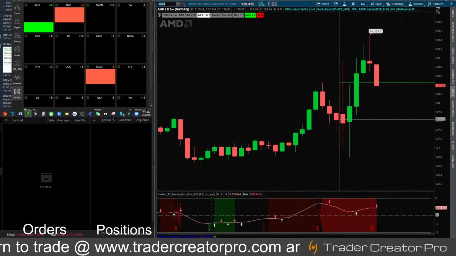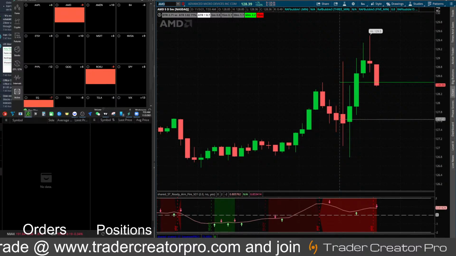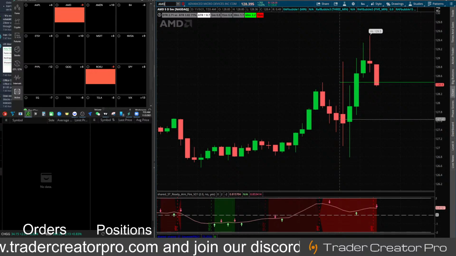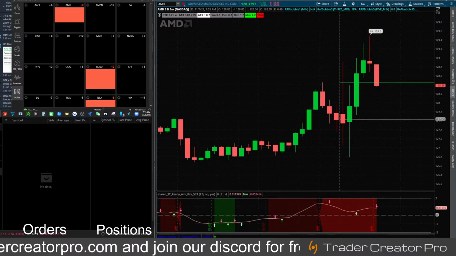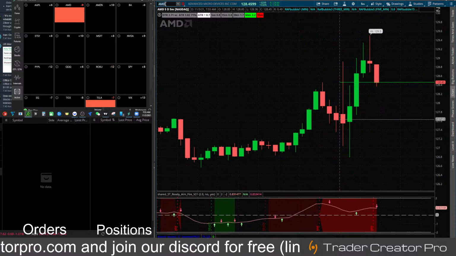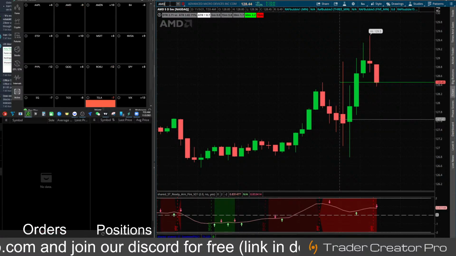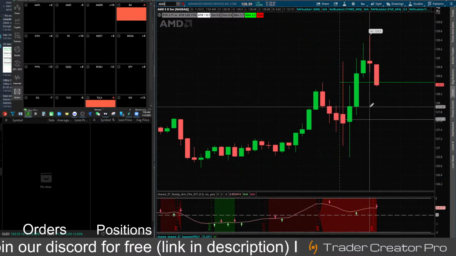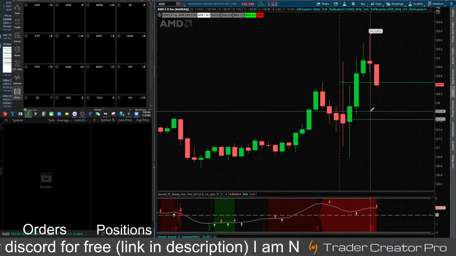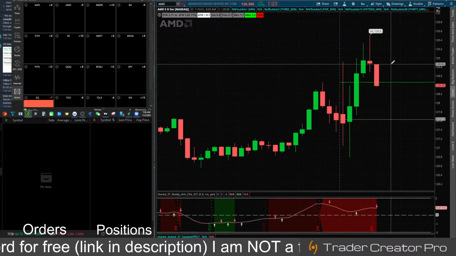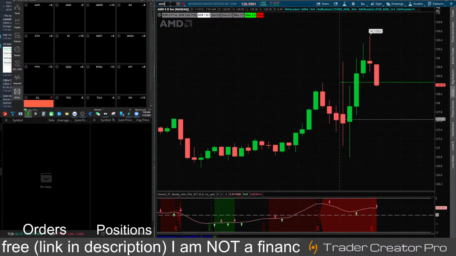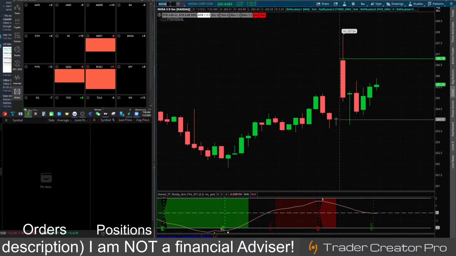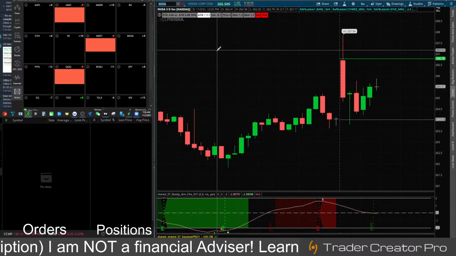Small cap world doesn't have much going on in it right now. AMD coming into a little bit of an area. Yeah, here goes OCGN. I really feel like this thing's gonna drop pretty good.